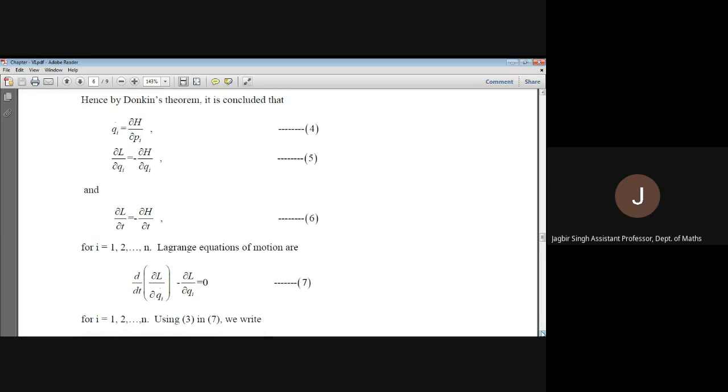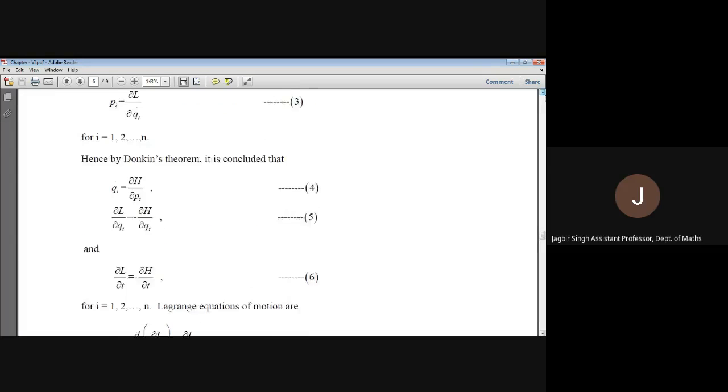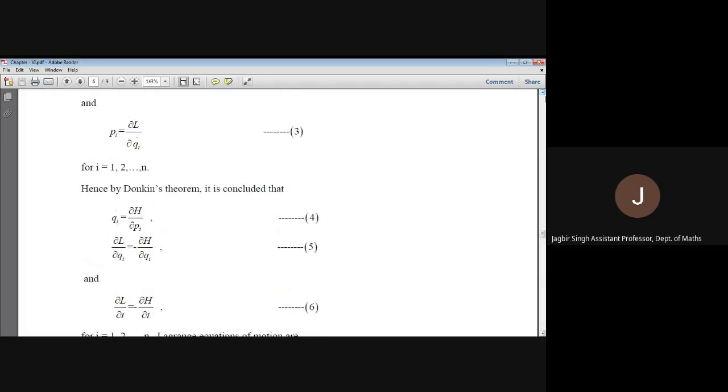Also, the Lagrange equation of motion are d by dt of curly L by curly qi dot minus curly L by curly qi is equal to 0. Replace curly L by curly qi dot and curly L by curly qi from equation number 5. Curly L by curly qi will be replaced by minus curly h by curly qi. And from equation number 3, curly L by curly qi dot is pi.